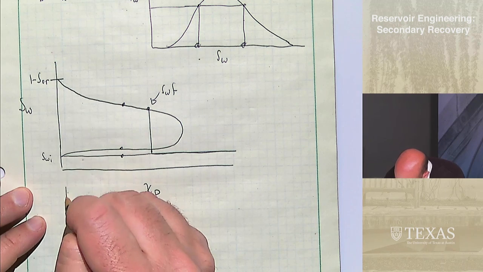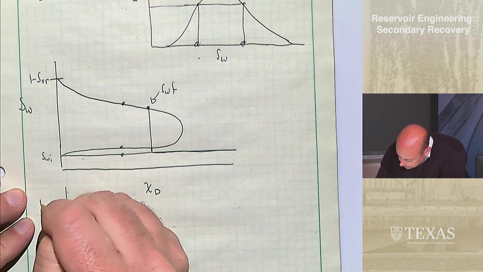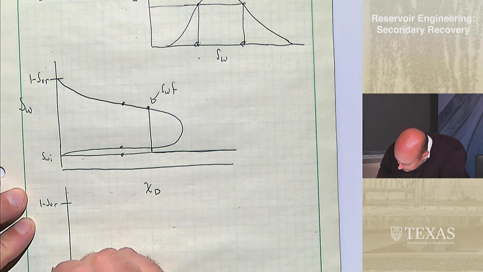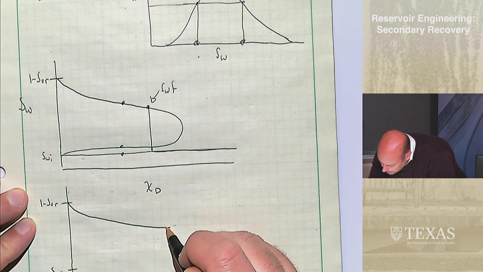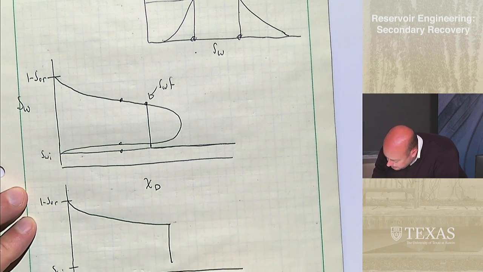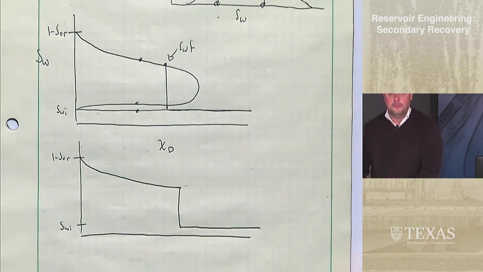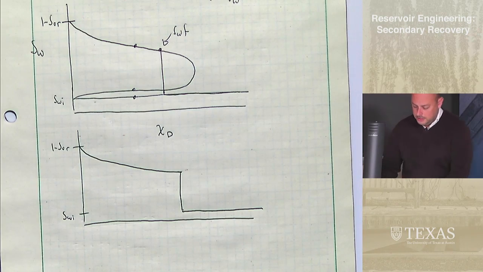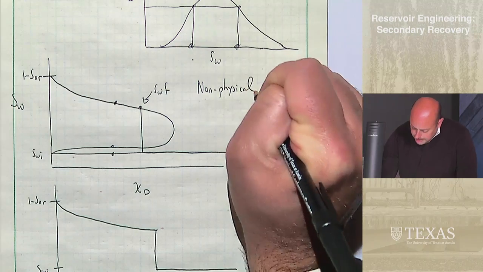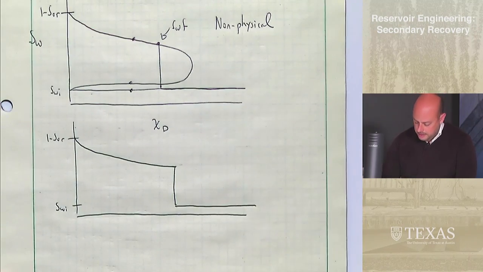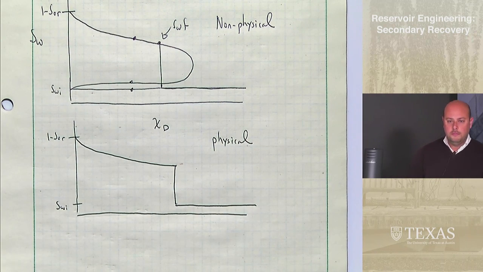So what the real curve should look like should be something like that. I don't think I made them completely parallel, but you get the point. So this is the non-physical. We just used math without thinking things through, and this is the physical solution. Here's my moving wall, my shock front.